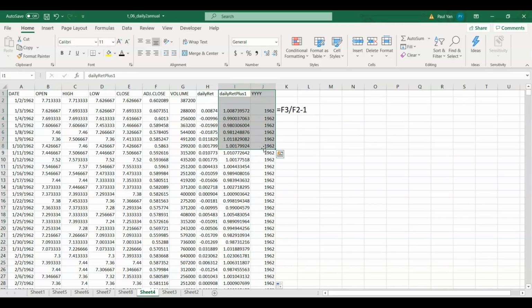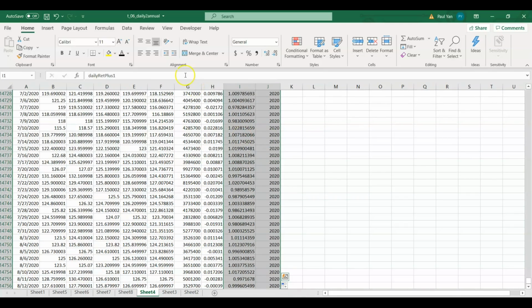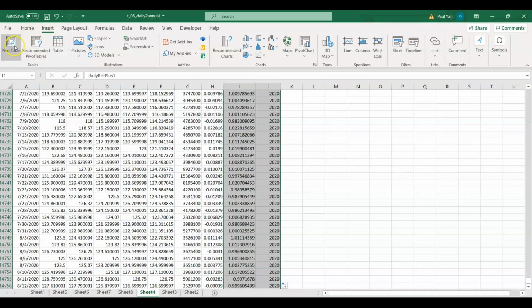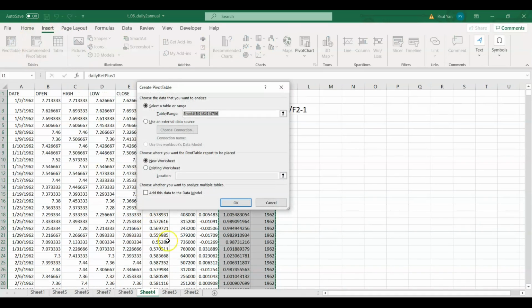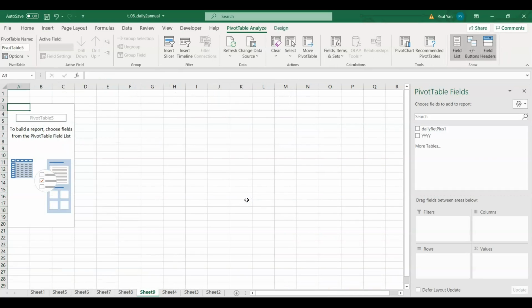So let's highlight and Control Shift Down. Then we click Insert and we click Pivot Table. This is our input area, and a new worksheet. We simply click OK.